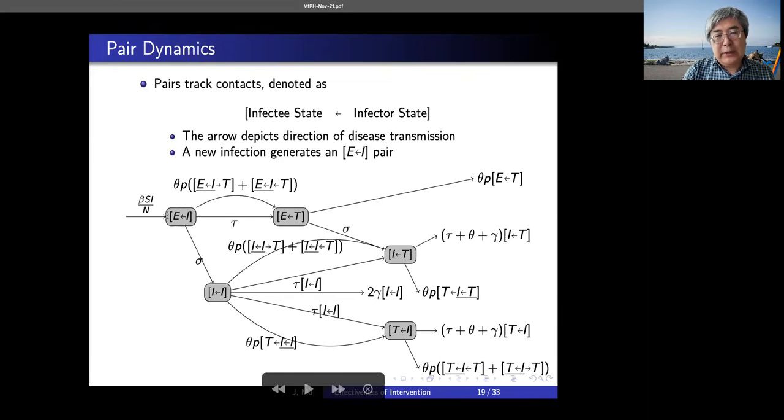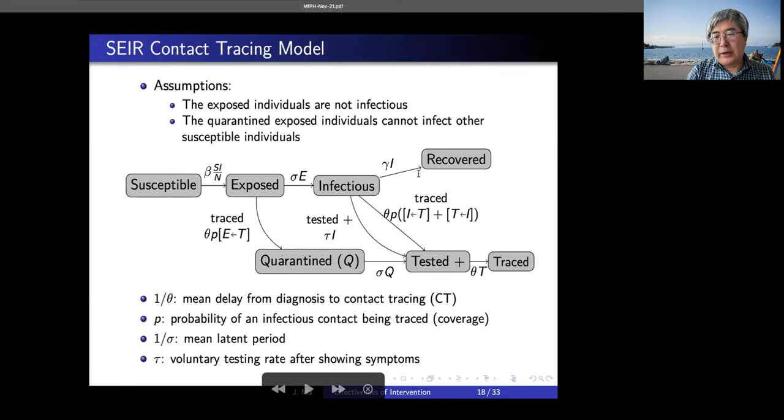For example, E could become I, so then the EI pair becomes an II pair, and the I could become diagnosed, so the EI pair becomes ET, and then this T would trigger contact tracing, etc. And when the E is contact traced, they would be quarantined. So this is the minimal set of dynamic pairs that we need to track in order to close the previous population model, where we have the edge here for diagnosis and here for quarantine.